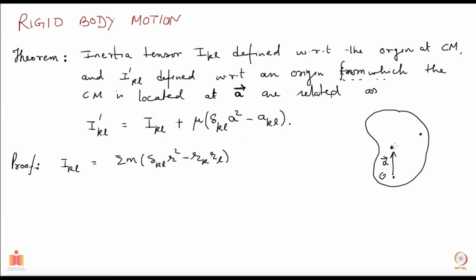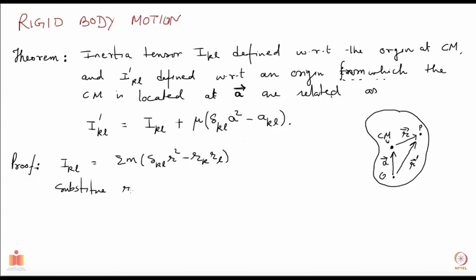With respect to the center of mass, the location of the point P is given by vector r, but the same thing from this origin is r prime. So here is the inertia tensor with the center of mass as origin. Now what you do is you substitute that r is r prime minus A.